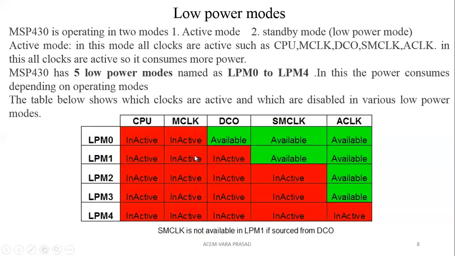Here CPU, M clock and DCO, these three are not available, but SM clock and A clock are available. In low power mode 2, CPU, M clock, DCO and SM clock are not available, whereas A clock is available. Similarly low power mode 3 also. Whereas in low power mode 4, all clock signals are not available.